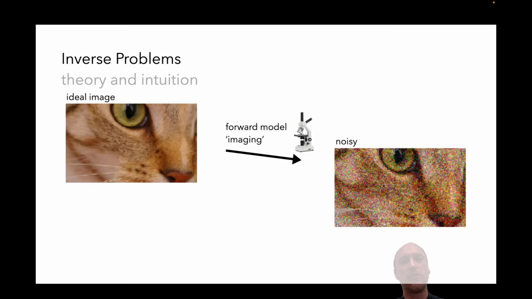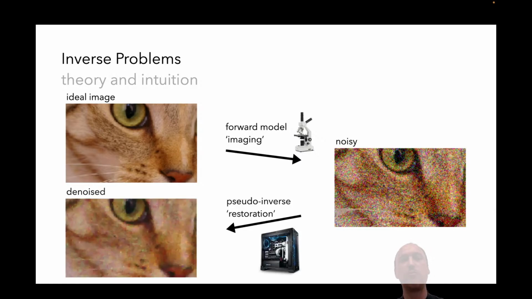And so the inverse problem topic is really concerned with how do we invert that? How do we go from an observation that is imperfect to something that's closer to the ideal image that we would like to have?